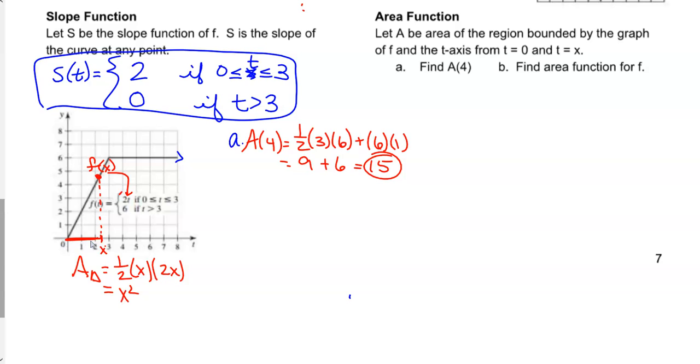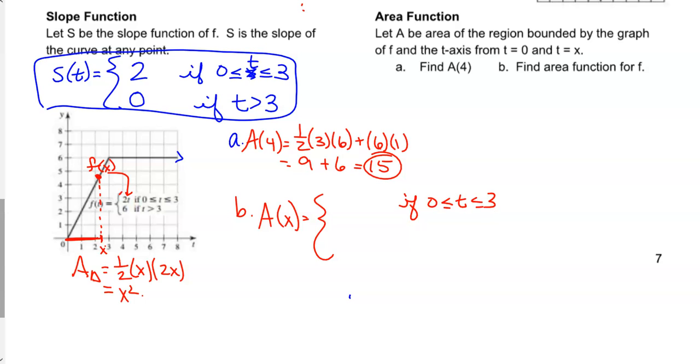So if I am anywhere from 0 to 3, the area of that function, the a of x, is going to be x squared. So for part B, a of x is equal to x squared if we are from 0 to 3.